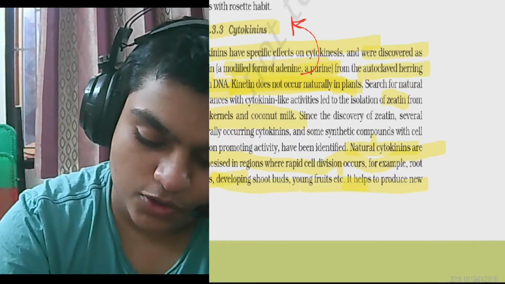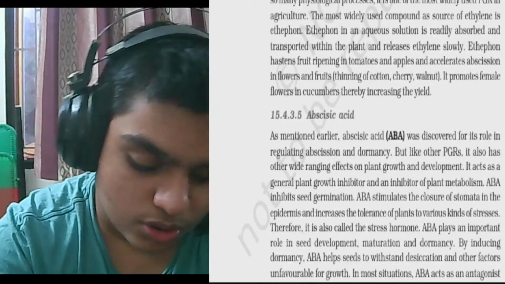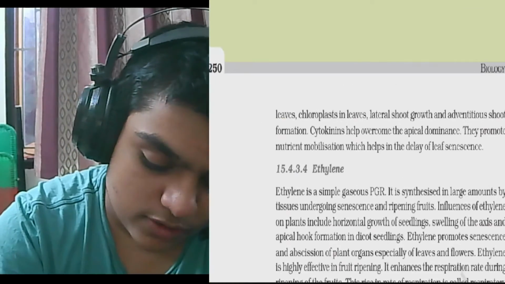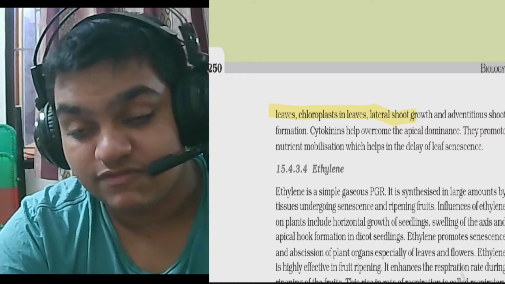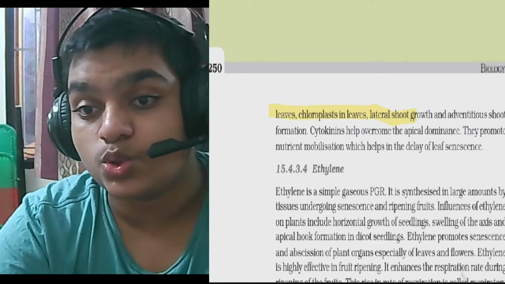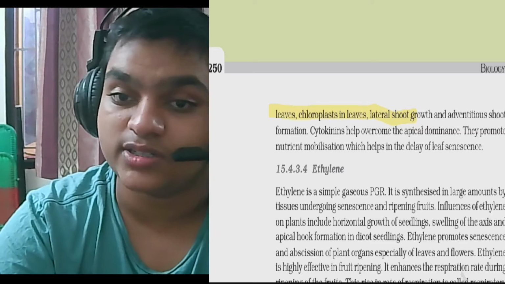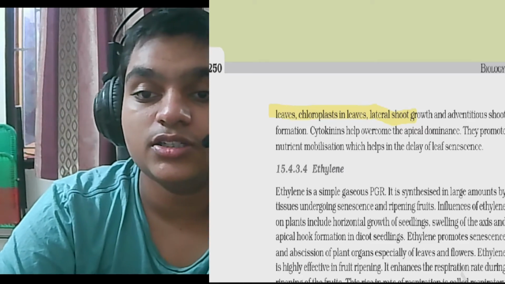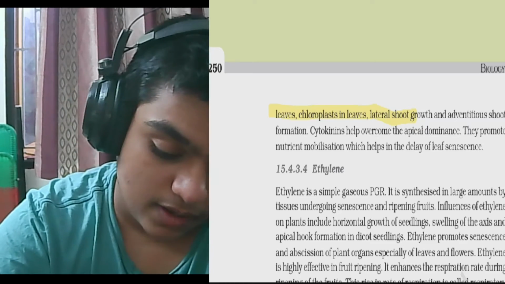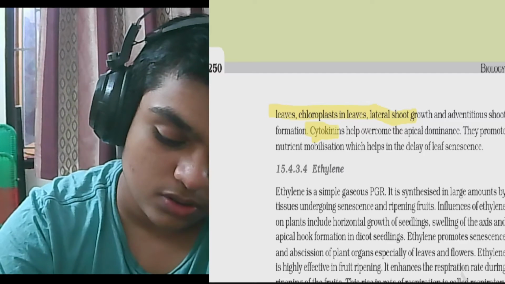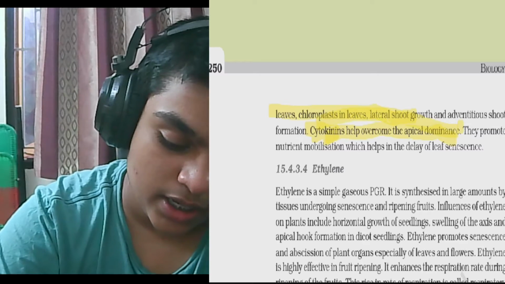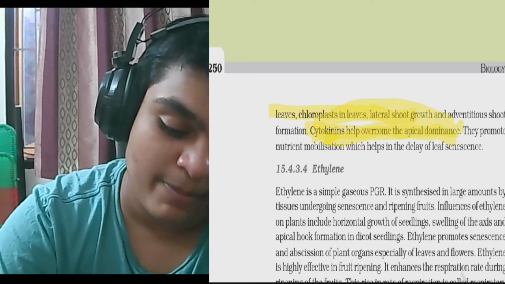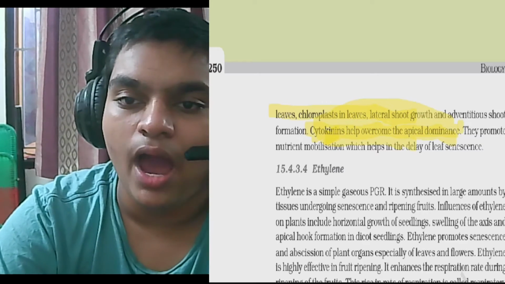It helps to produce new leaves and chloroplasts in leaves, lateral shoot growth, adventitious shoot formation, etc. These cytokinins have competitive inhibition on apical dominance, and therefore they are competitive inhibitors of auxins.